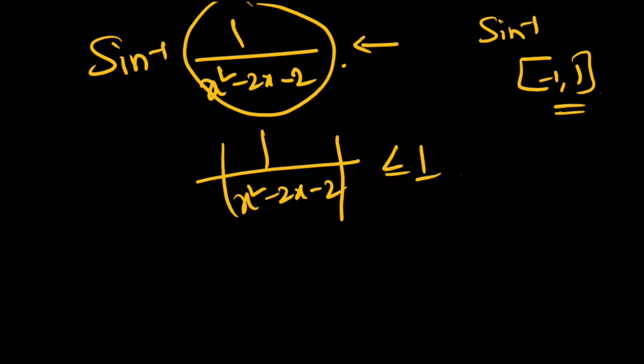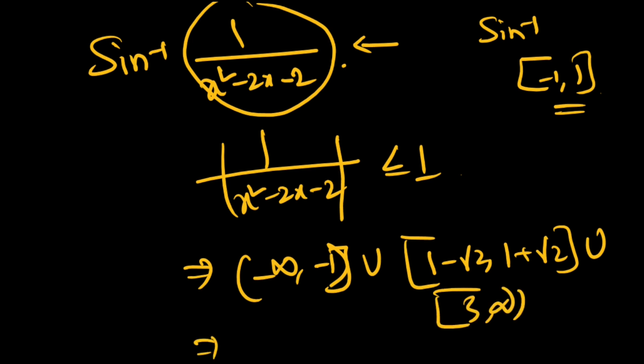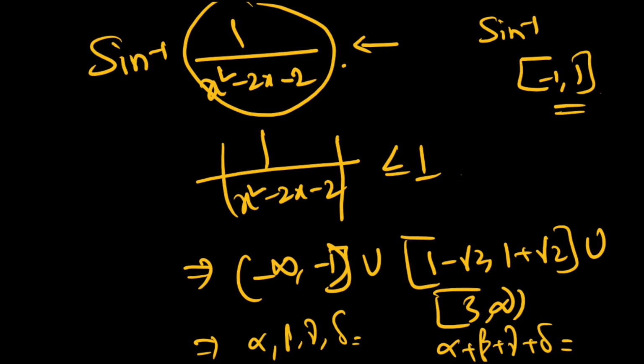So we calculate it here and we got the domain is minus infinity to minus 1 union 1 minus root 2 to 1 plus root 2 union 3 to infinity. Then we compare the values alpha, beta, gamma and delta, and find the value of alpha plus beta plus gamma plus delta, which is 4. This 4 is one of the options, therefore we got the answer.